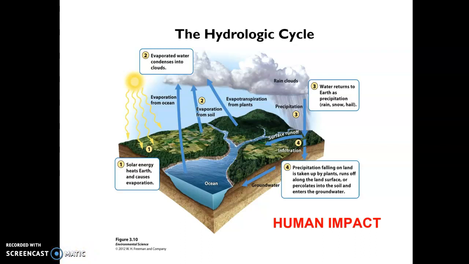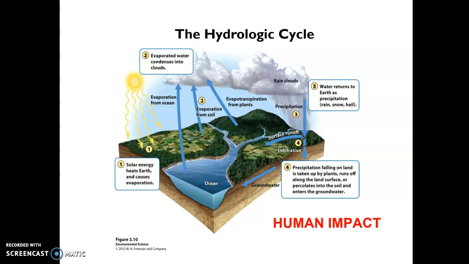A second major way that we impact water is by polluting it. We pollute it in various ways, sometimes with waste, sometimes with heat, sometimes with sediment, and those will all be looked at. We'll spend an entire week talking about water and water pollution, but that is another major impact that humans have on water.